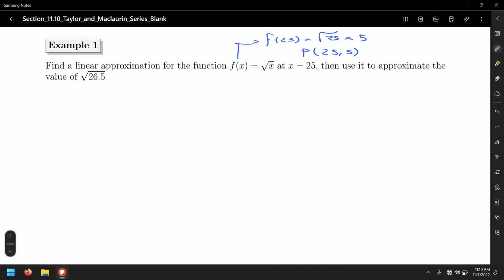Well, derivative. Find the derivative of the function. First of all, f of x equals x to the 1/2.